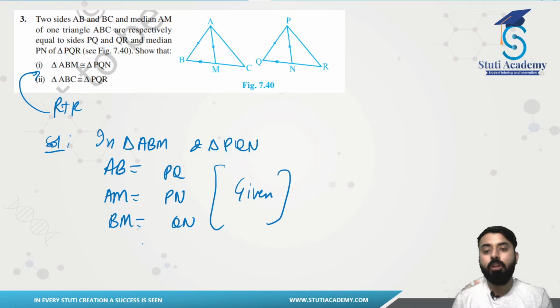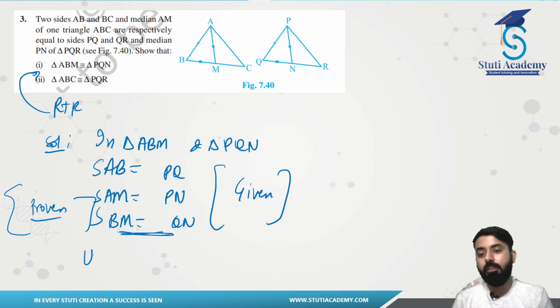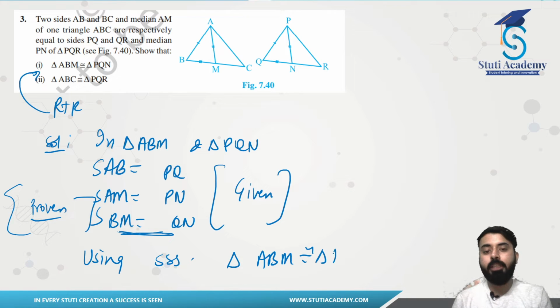They are given, or you can just prove this one, BM is equal to QN. You can say these are proven. So you can write proven also. No worries. You guys see, this will be side, side, side criteria. So using SSS, triangle ABM is congruent to triangle PQN, and we can say angle ABM is equal to angle PQN by CPCT, because that will come handy.